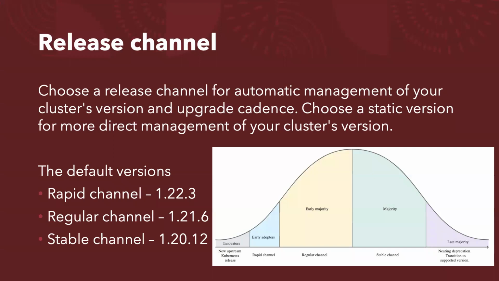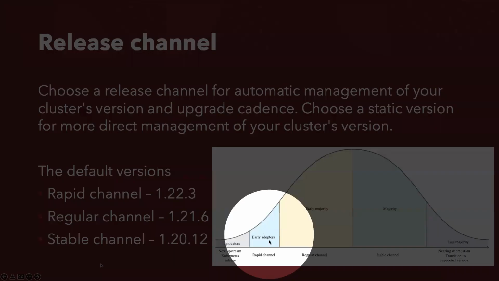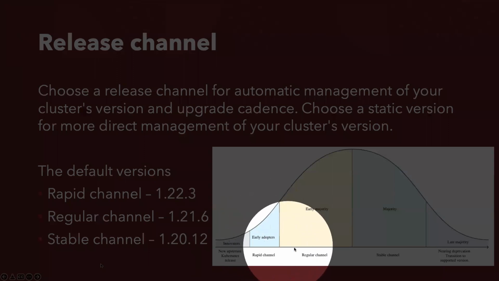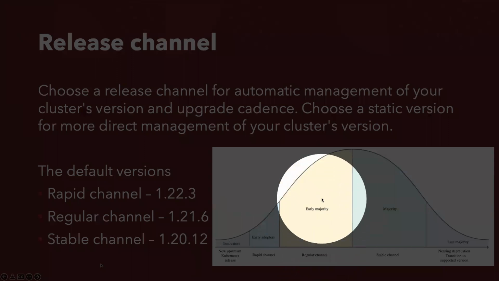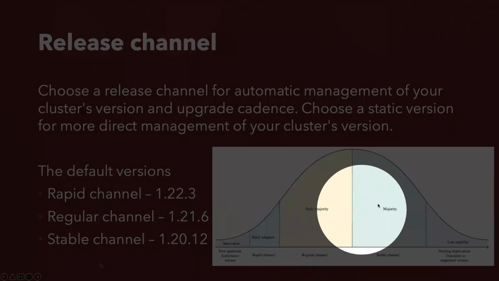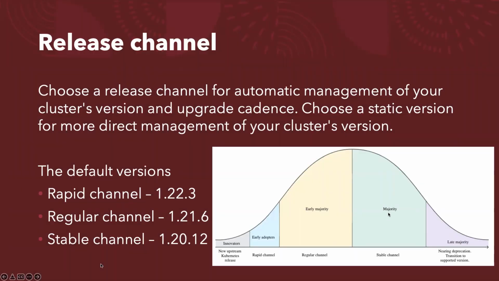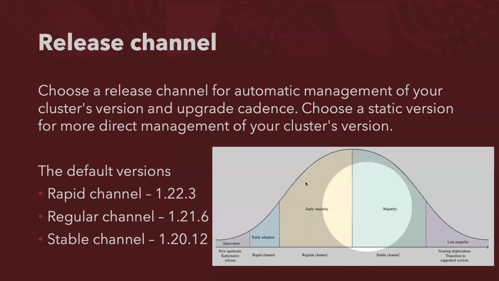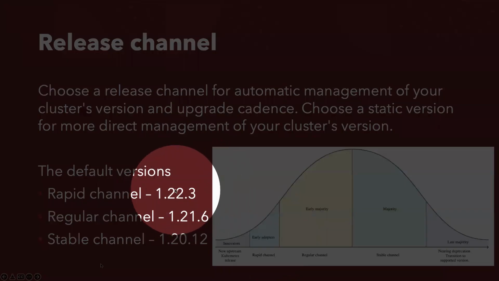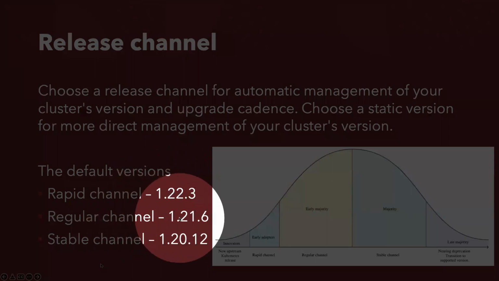In the picture, you can see there are 3 release channels. The rapid channel is more for early adopters, the regular channel more for the early majority, and the stable channel is more for the majority of customers. Each channel has a default version. For the rapid channel, right now it's 1.22.3. For the regular channel, right now it's 1.21.6.